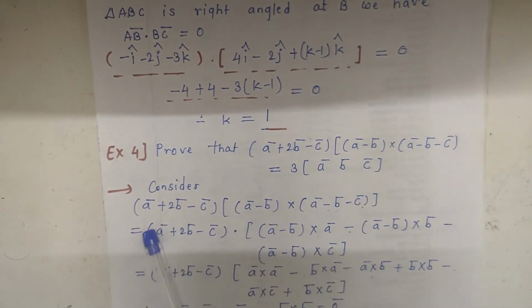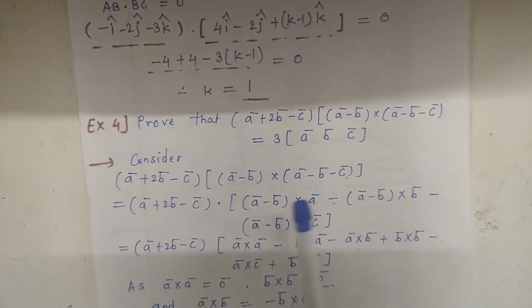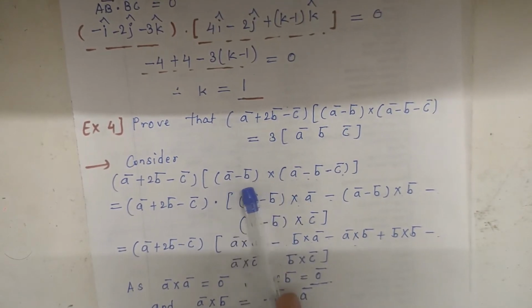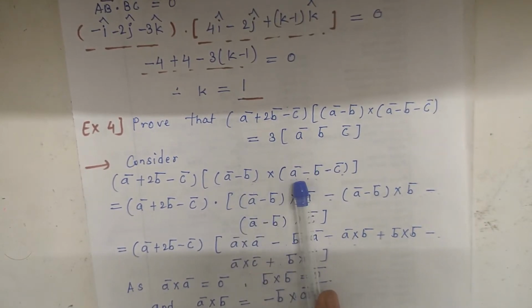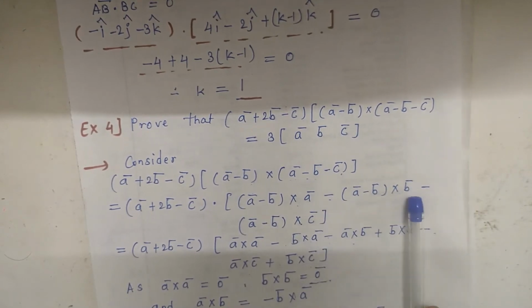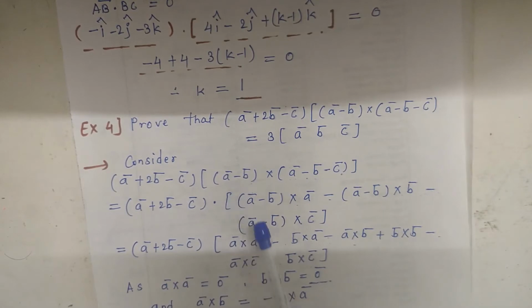So consider LHS, and the first term as it is, and the cross product of these two brackets can be written as the first bracket, a bar minus b bar, cross the first term in the second bracket a bar, minus the first bracket a bar minus b bar cross the second term b bar, minus the first bracket a bar minus b bar cross c bar.